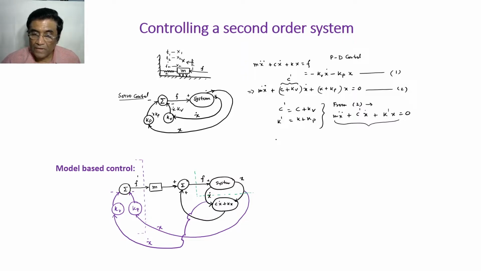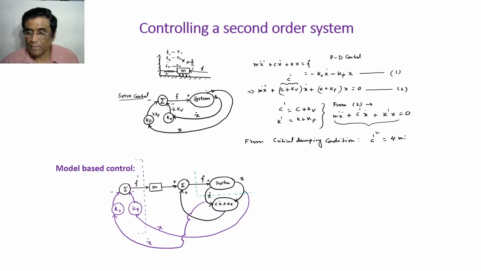From the critical damping condition, what we are getting is c prime squared equal to 4 m k prime, right? So c prime equals 2 root over of m k prime.